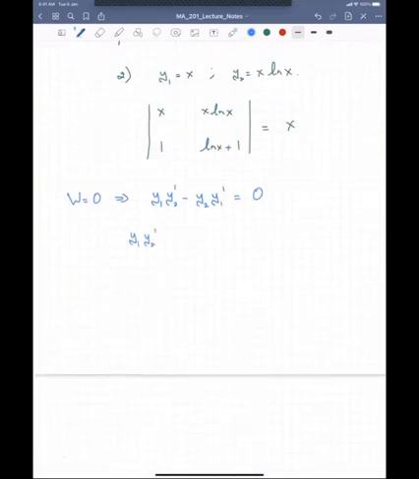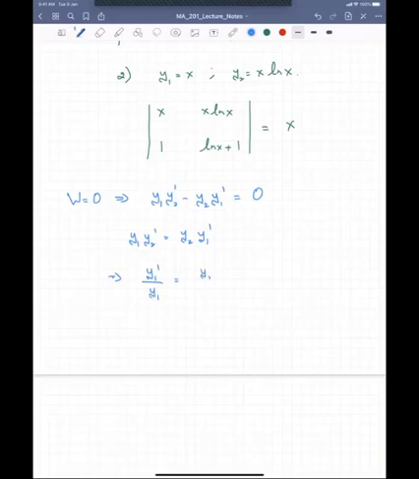y1 y2 prime equals y2 y1 prime, and I can easily integrate this because it's a separable equation. So I can write this as y1 prime by y1 equals y2 prime by y2. And what is the solution to this equation?